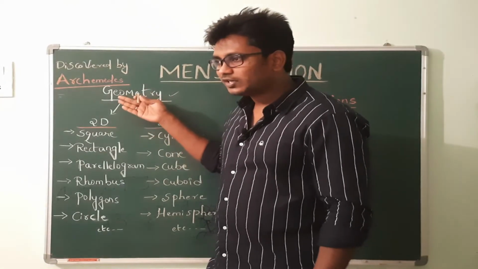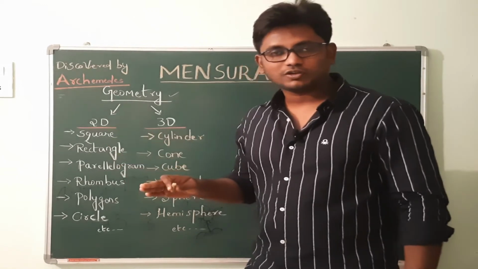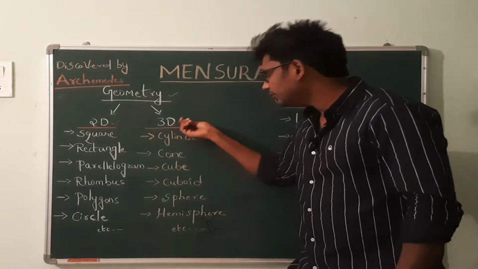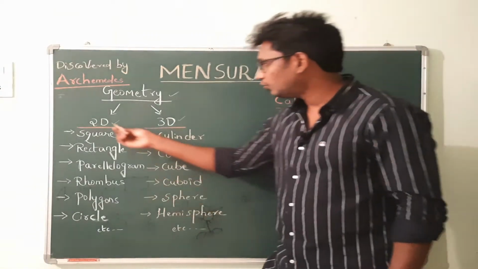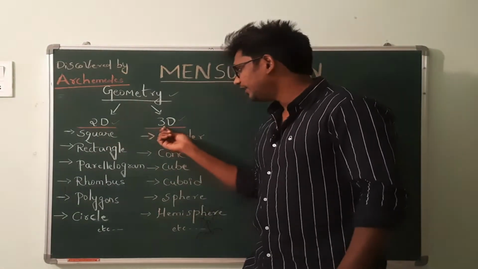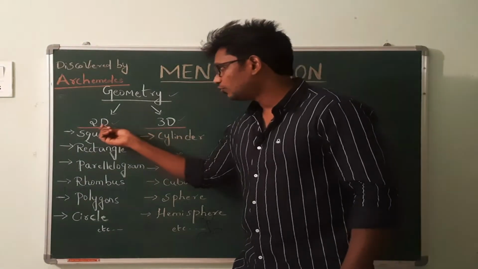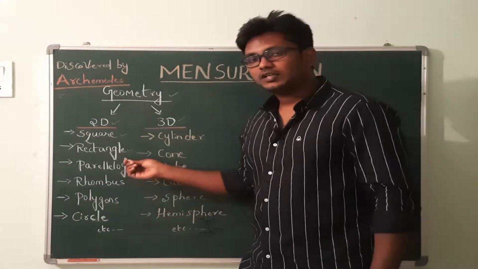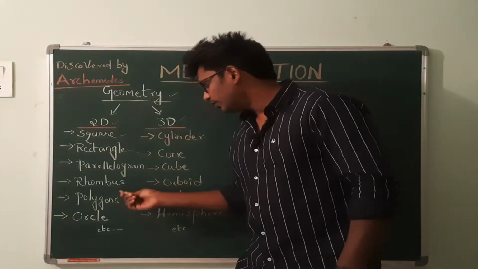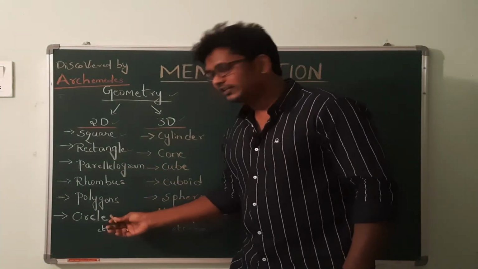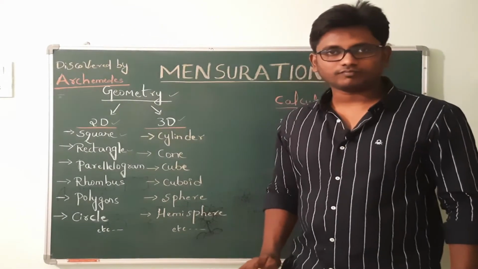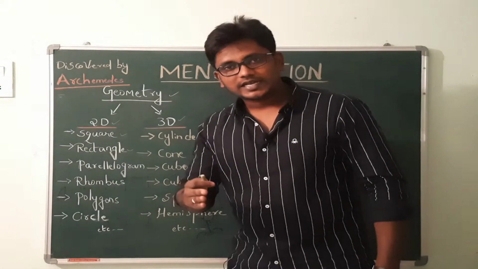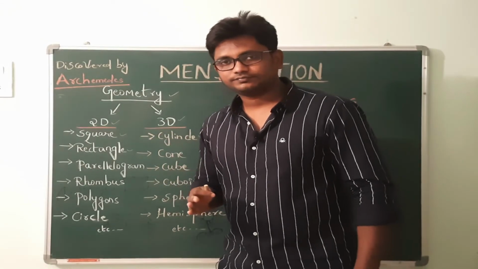So what kind of figures will we have in geometry? We will have 2D figures and 3D figures. 2D is nothing but two-dimensional, 3D is nothing but three-dimensional. In 2D, we will have squares, rectangles, parallelograms, rhombuses, polygons, circles, etc. We have learned squares, rectangles, parallelograms from 5th class to 9th class.